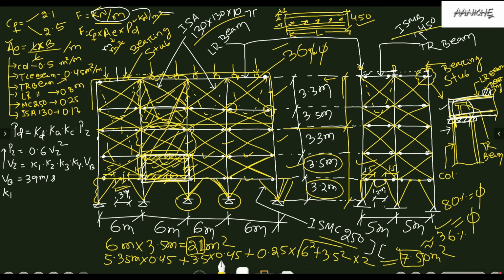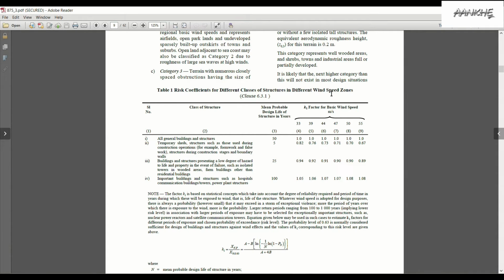Your K1, it is an industrial type structure. Let us find it out from the code. So here the code comes. The ESP structure is not an important building type structure, right?